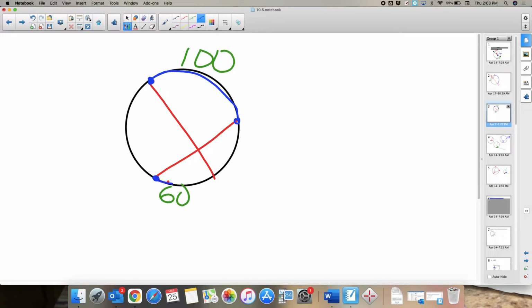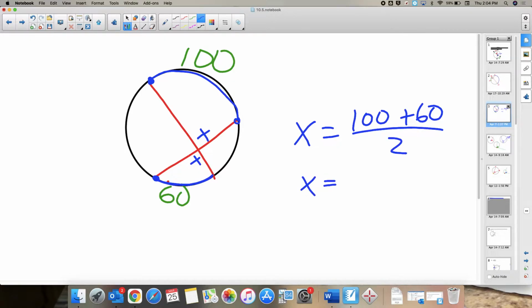They are arcs that are made by those vertical angles here. That angle that creates them will be the average of those arcs. So we take 100 plus 60, and we're going to divide it by 2. So we have 80 degrees there.